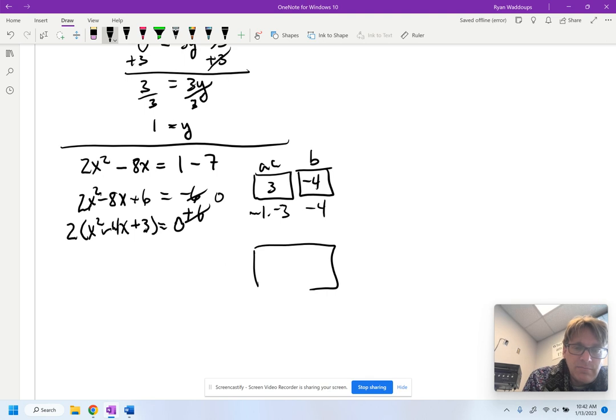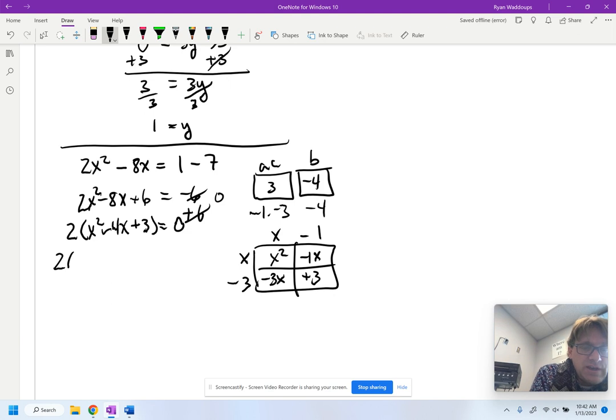If I put this in a box, then I get x squared plus 3, minus 1x, minus 3x. And what they have in common is a minus 1 here and a minus 3 here. And so my factors are 2 times x minus 1 times x minus 3, and that's equal to 0.